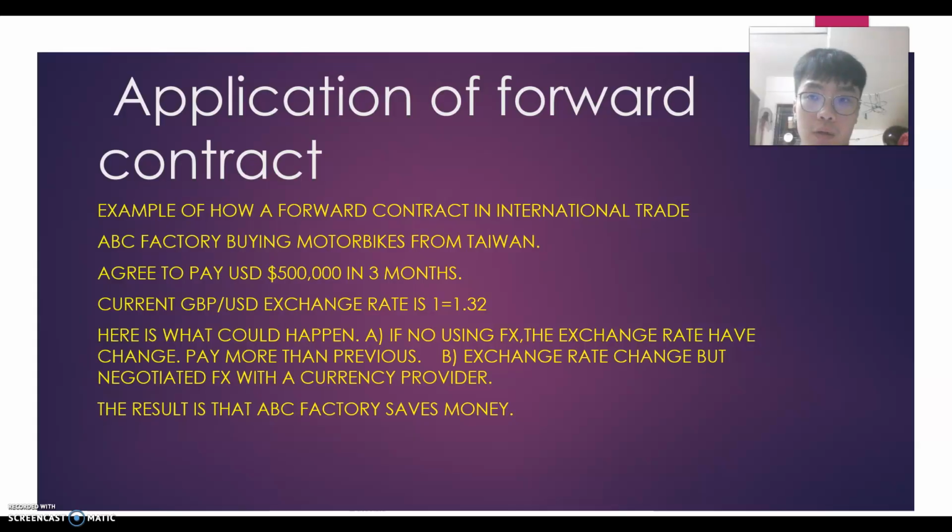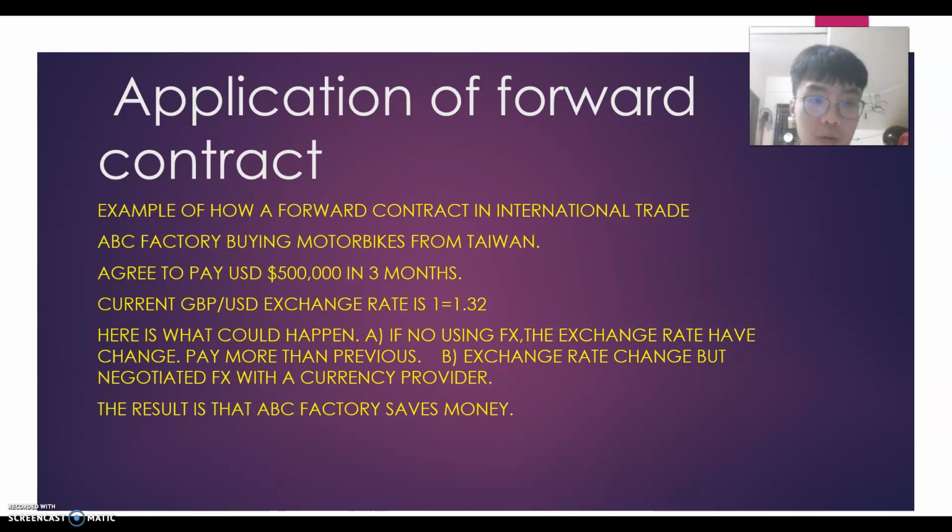Hi, my name is Dan Sherwin, entry number 261460. I would like to continue our presentation, which is the application of forward contracts in international trade. This slide is an example of a forward contract in international trade. ABC factory in Addis Ababa is looking to buy motorbikes from Taiwan.